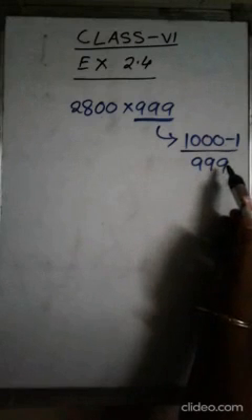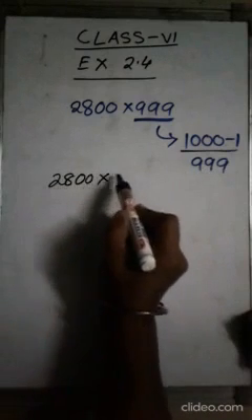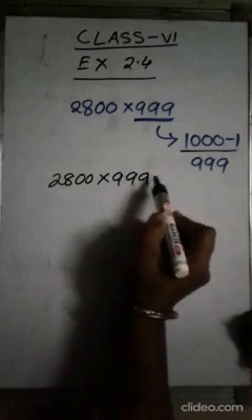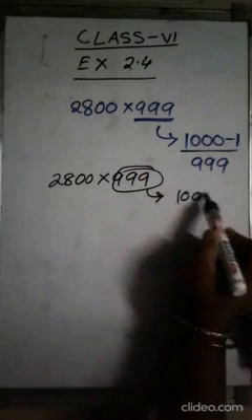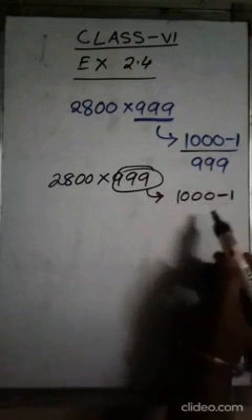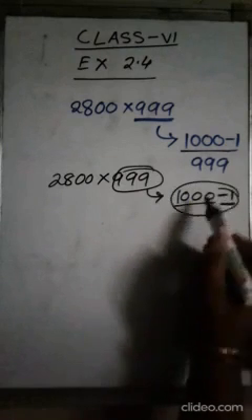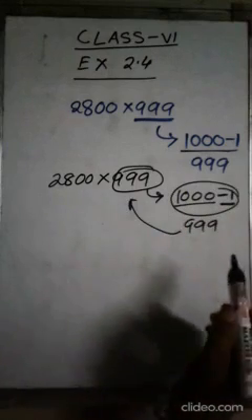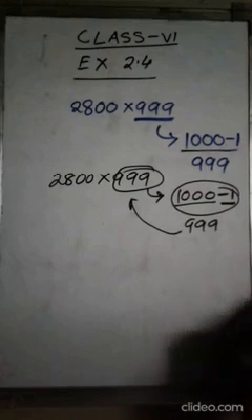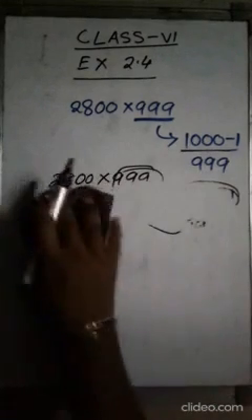So 2800 into 999, to make the multiplication easier, we can write 999 as 1000 minus 1. This is the same as this. So to clear your doubt, I have explained it again.